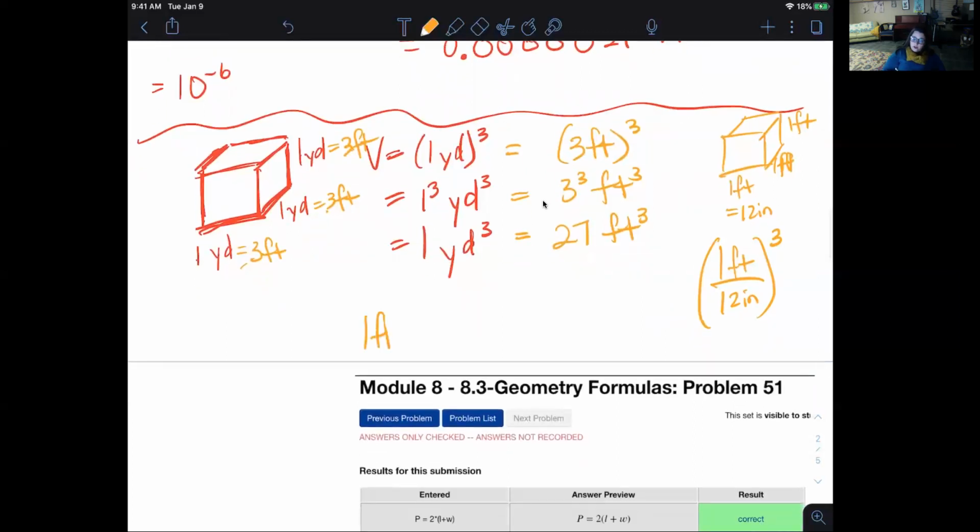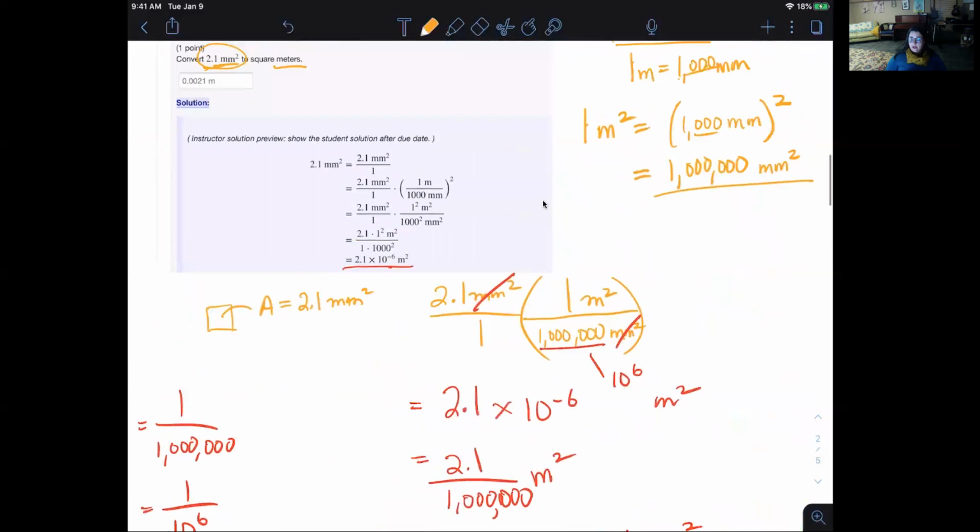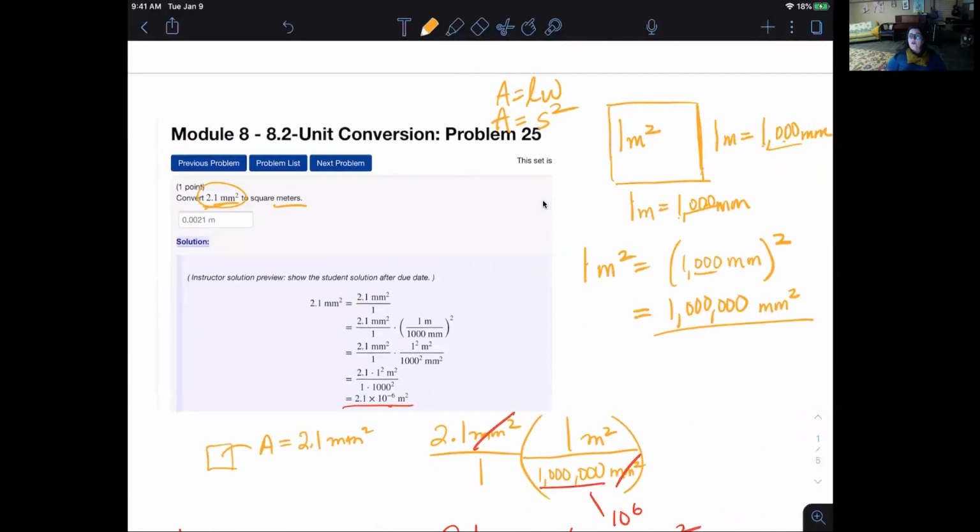So 1 foot cubed is equal to 12 times 12, which is 144, and then 144 times 12 is 1,728 inches cubed. So if I was going to change something from cubic inches to cubic feet, or even to cubic yards, I would have to use these cubed measurements. Just like if I'm considering something about area, I have to square the conversion.